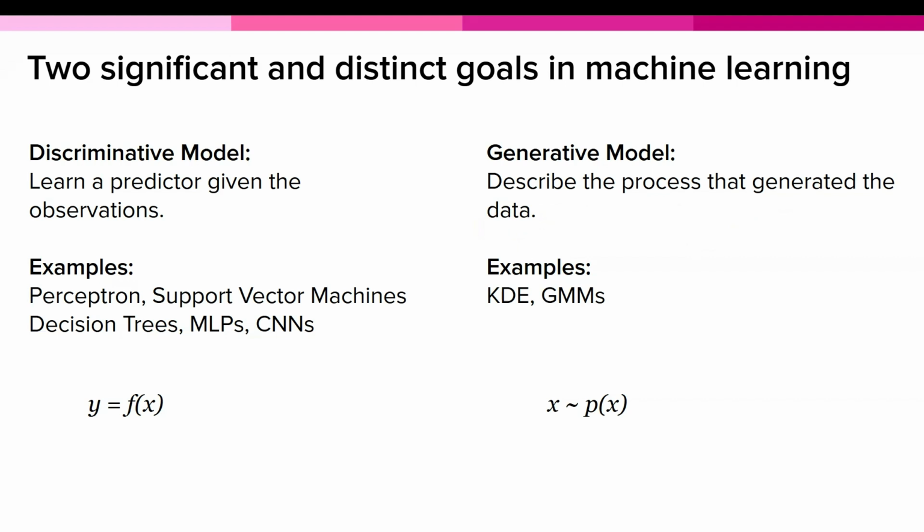Specifically, we wanted to approximate probability distributions such that we could generate new samples. So we wanted to define a probability distribution over a random variable x such that we could draw new samples from it. Examples of this were the kernel density estimator, as we saw it, and then the Gaussian mixture model that we tackled with the expectation maximization algorithm.